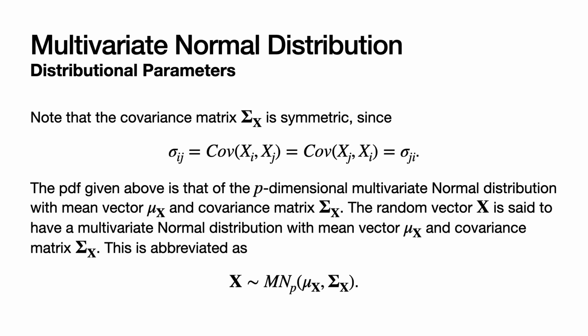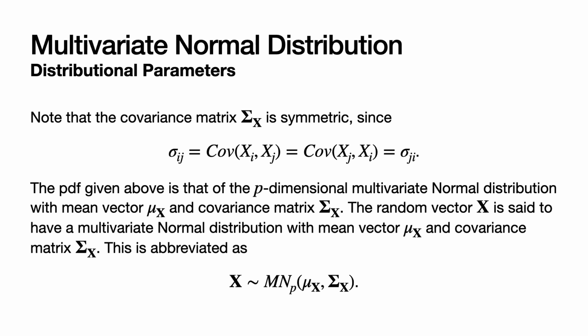The PDF given above is that of the p-dimensional multivariate normal distribution with mean vector mu sub x and covariance matrix capital sigma sub x. The random variable x is said to have a multivariate normal distribution with mean vector mu sub x and covariance matrix capital sigma sub x. And we abbreviate this in the following way.